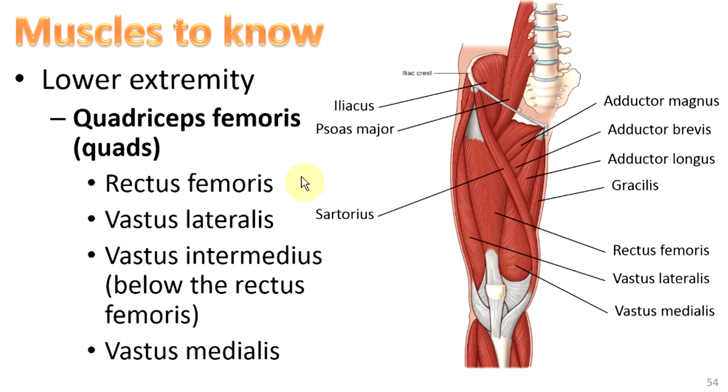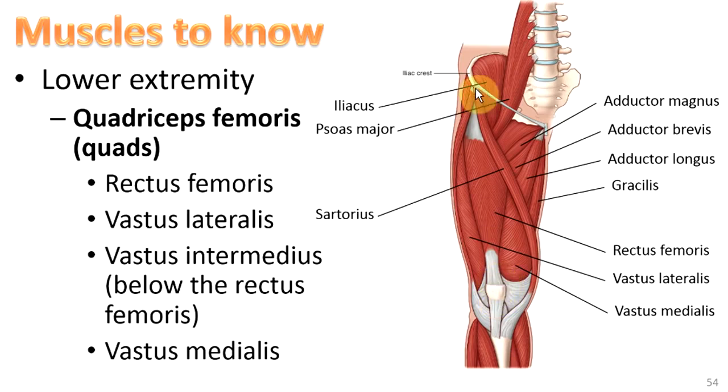Okay, so what do all these muscles do? Well, they all attach right here to the patella. And then the patella continues on and attaches to the tibial tuberosity. Okay, so they cross the knee joint and attach to the tibial tuberosity. So if you just pretend the patella is not there, because all it's there for is to act as a pulley so you don't rub through the quad tendons.